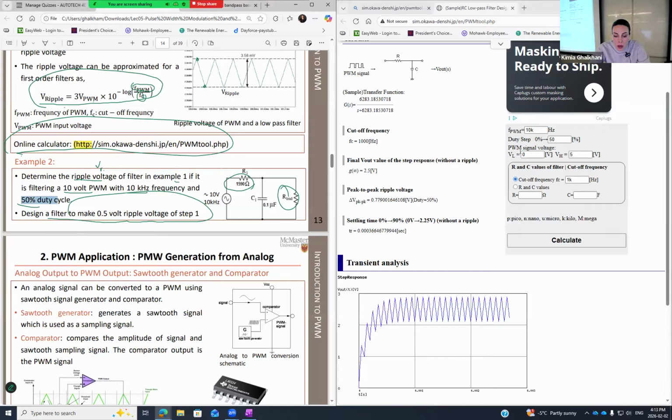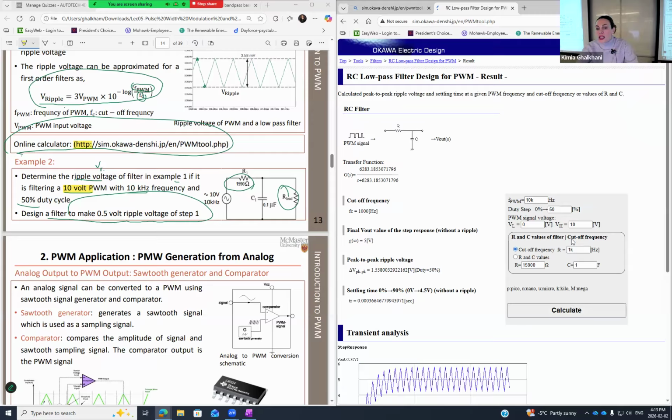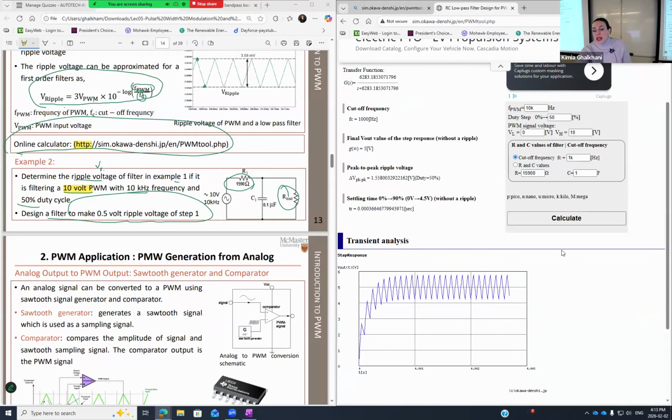And if I have my voltage between 0 and 10, because look, the example is asking for 10 volt, I have to change this one to 10 volt. And then the resistance, it was 1.59 kilo ohm. In ohm is still the same. If you just substitute all of those, and capacitance is 1, then if you calculate, it should give you the same number.